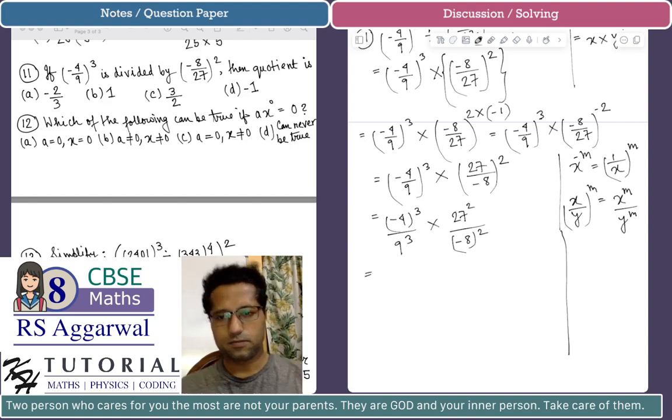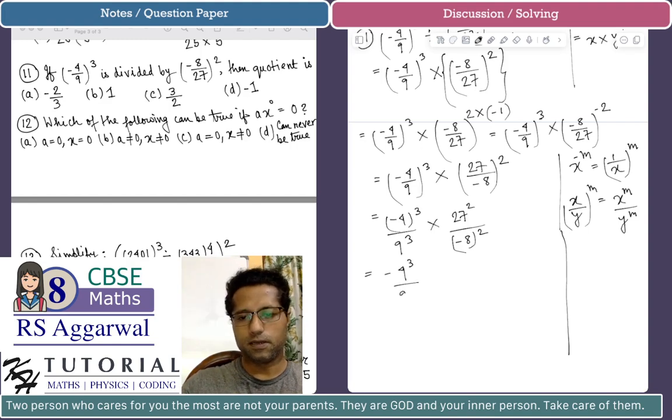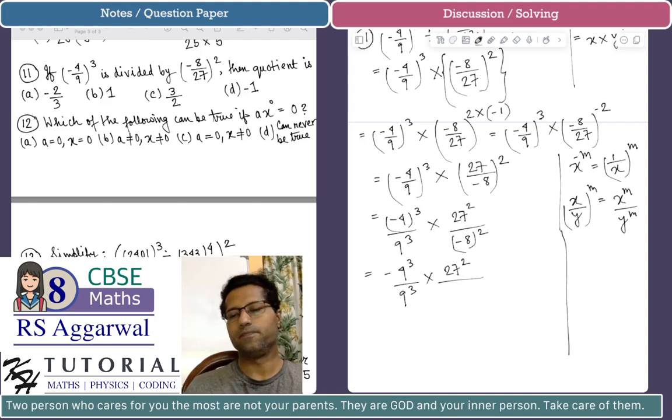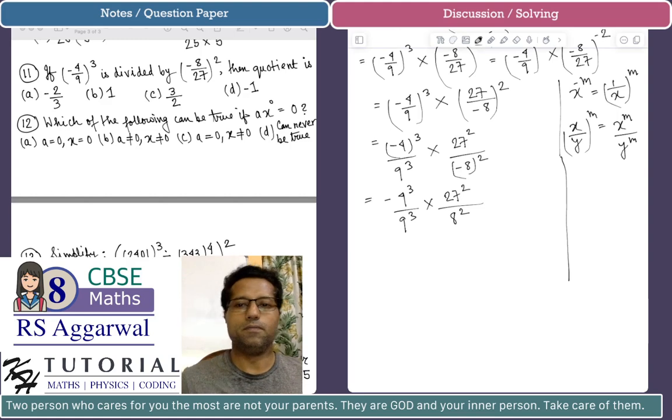Now the factors of the exponential terms with the negative base, that's minus 4 raised to the power 3, the power is 3, so this will be negative of 4 cube divided by 9 cube multiplied by 27 square, and we have minus 8 whole raised to the power square. So the base minus 8 is negative, but the power 2 is even, so this will be 8 square.